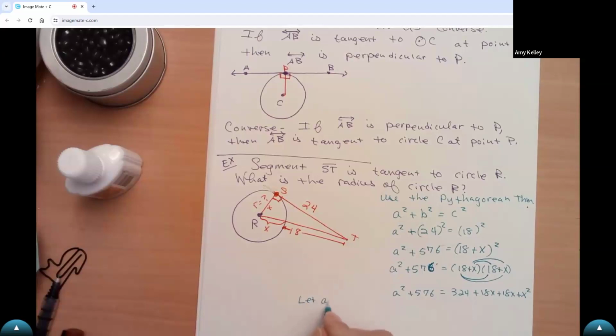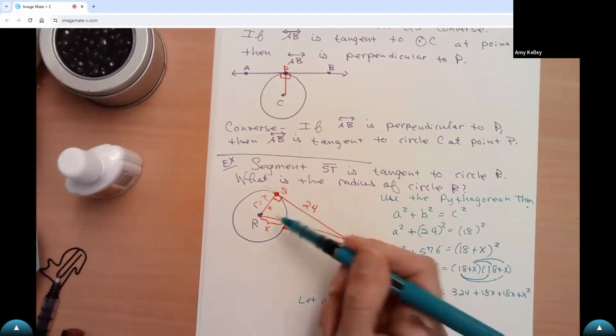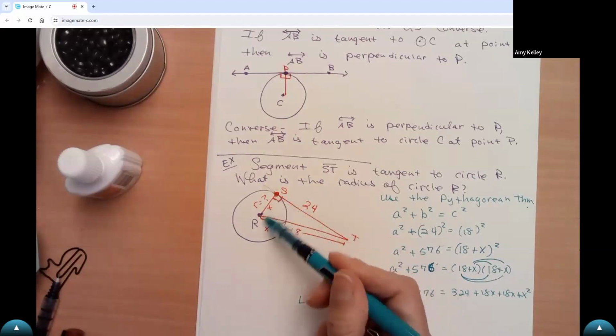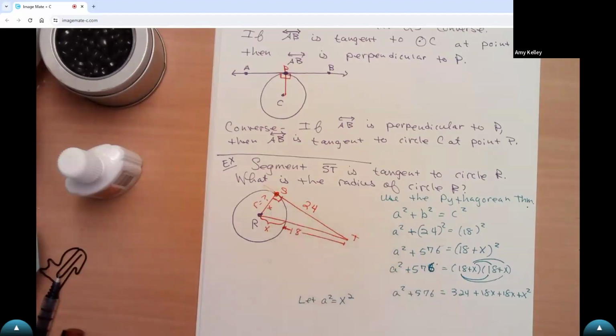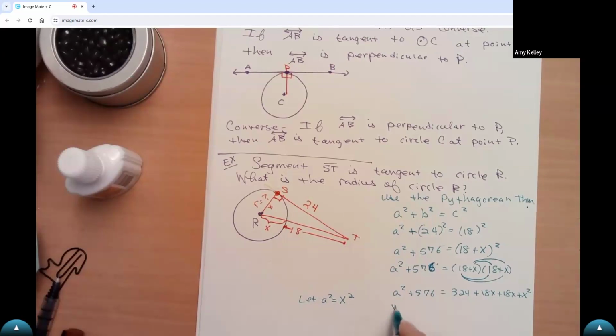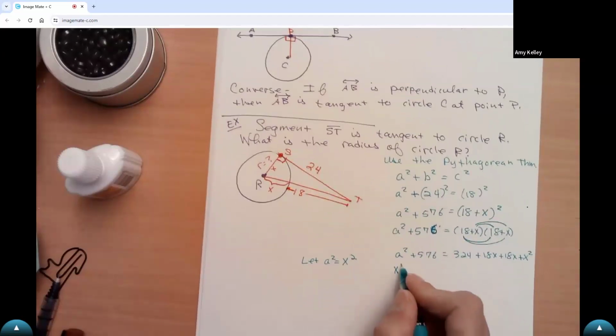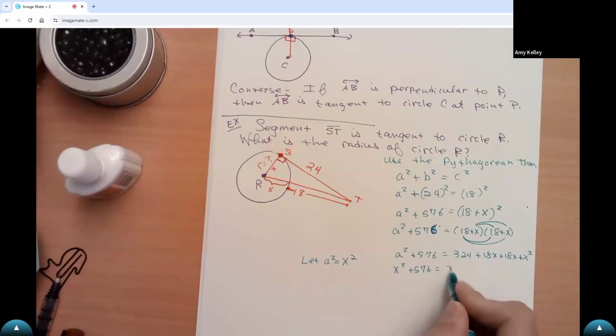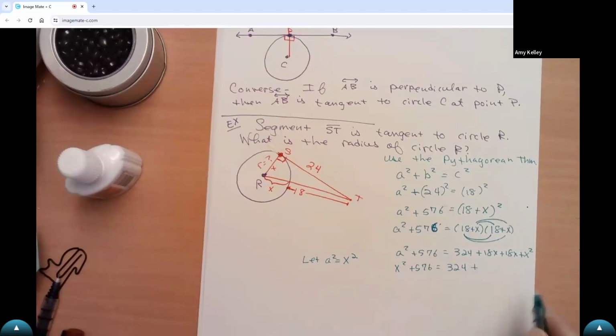I'm going to let a squared equal x squared. The reason I can do that is that in the Pythagorean theorem, this side a is also the length of the radius. So then I can write it as x squared plus 576 equals 324 plus, and then we'll just add these two like terms, 36x plus x squared.